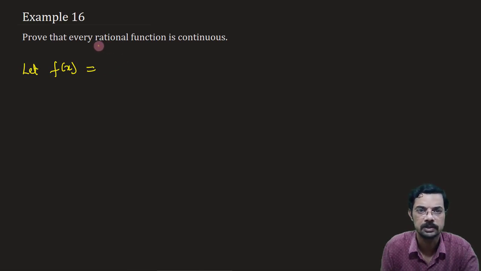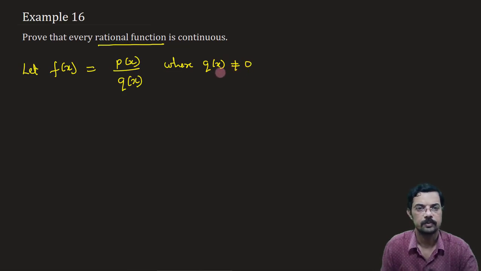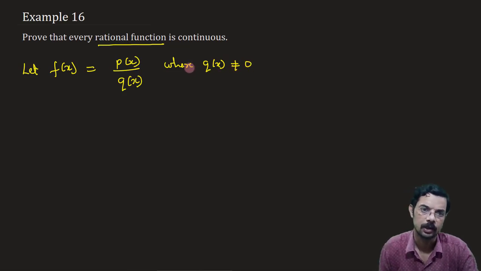It is equal to p of x by q of x, where q of x is a non-zero quantity. Now we need to show that this function f of x is continuous.